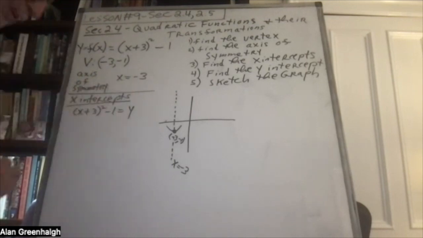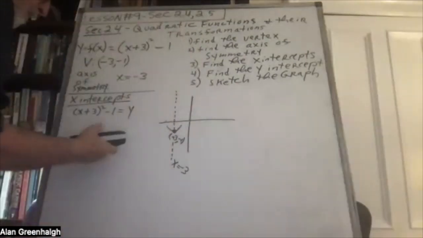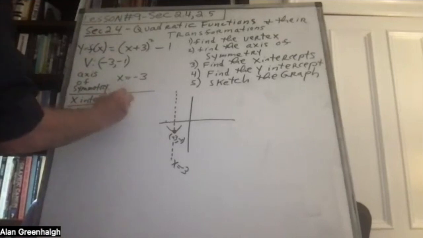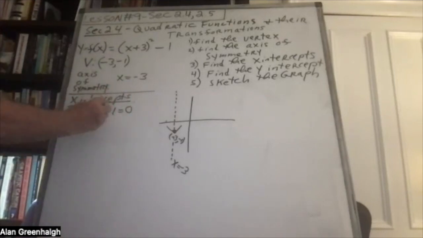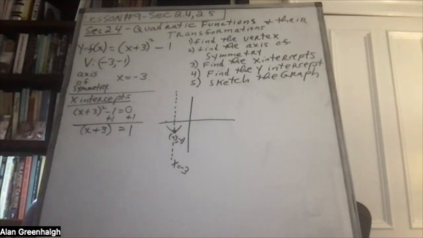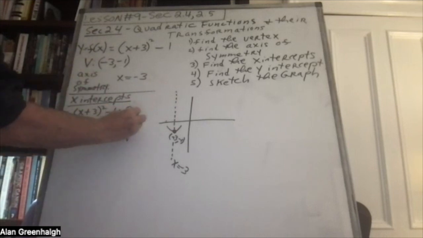I'm letting y equal 0. I'm bringing over the 1. (x + 3) squared equals 1. Okay, I'm just checking over my work. Squared, don't forget to square. Take the square root of both sides.